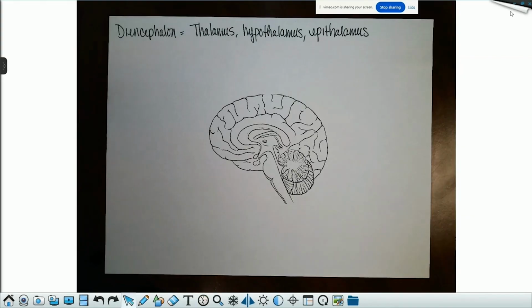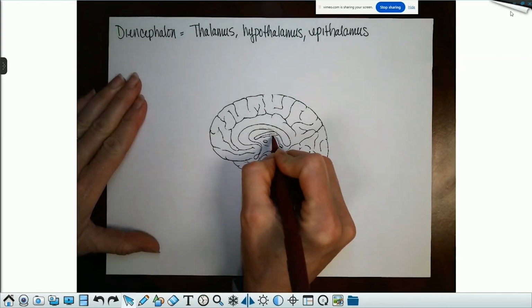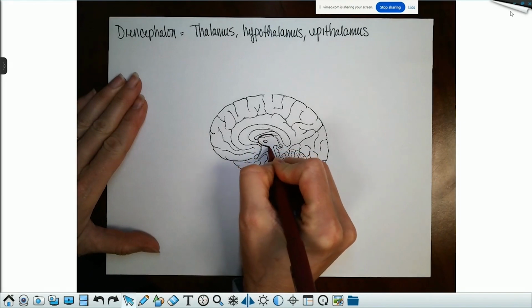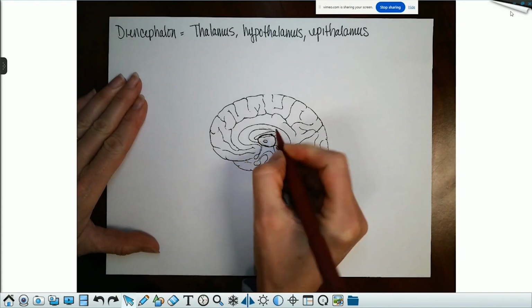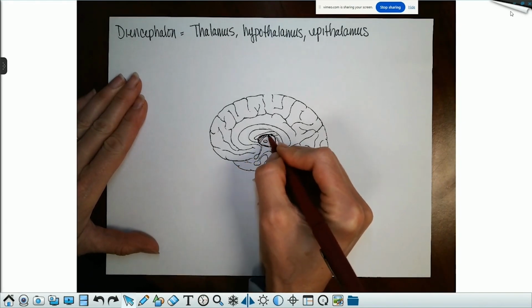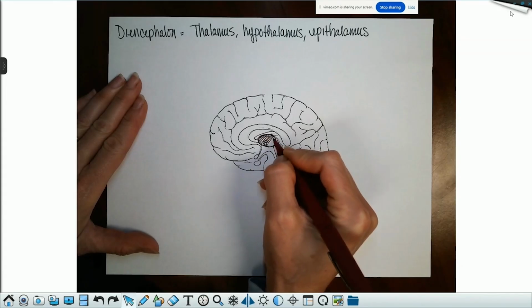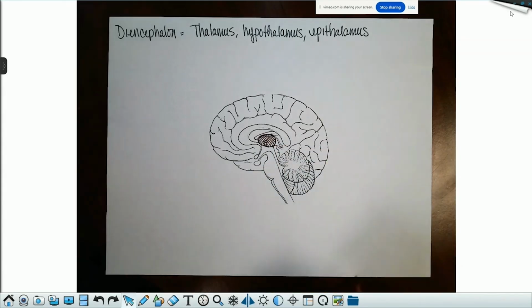So let's illustrate that structure out. There is the thalamus. This structure is bilateral, meaning that if we divide the brain in half, we're going to see a part of it on both sides. Same thing for the hypothalamus.